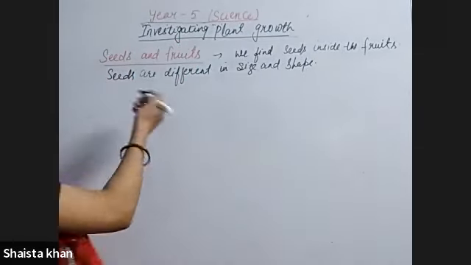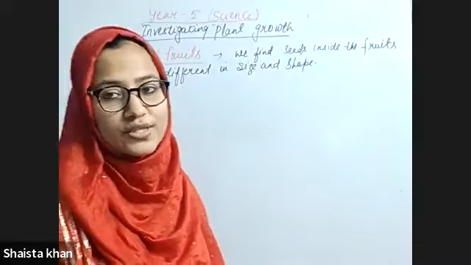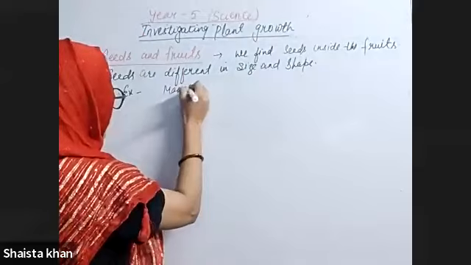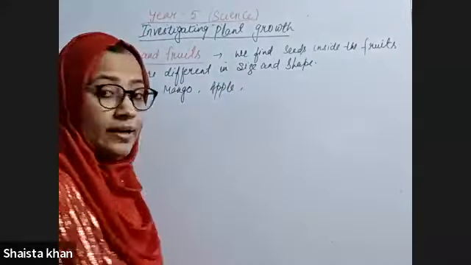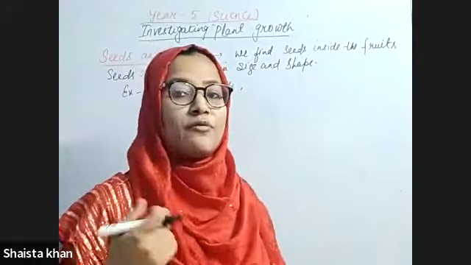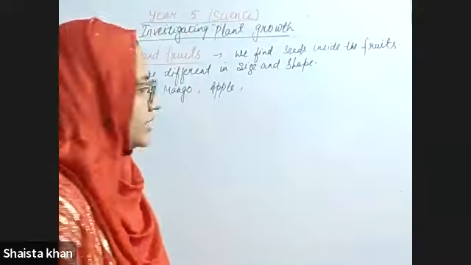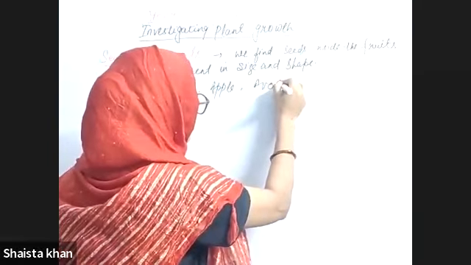So if you see an example, there are so many examples you can write by yourself also. For example, mango, apple, guava. Some have a lot of seeds, some have only one seed, some have more than 3, 4, 5 seeds. For example, apple, avocado.